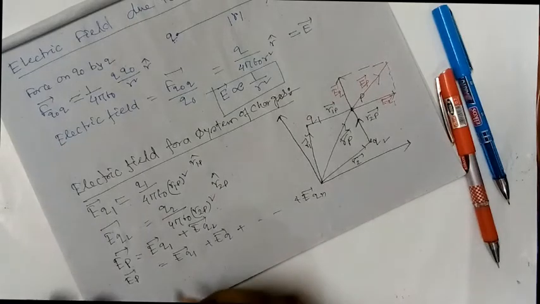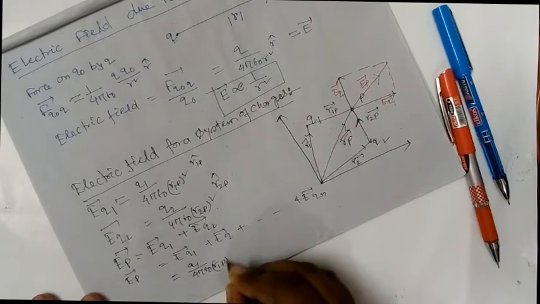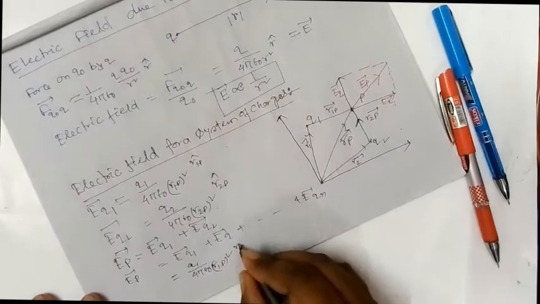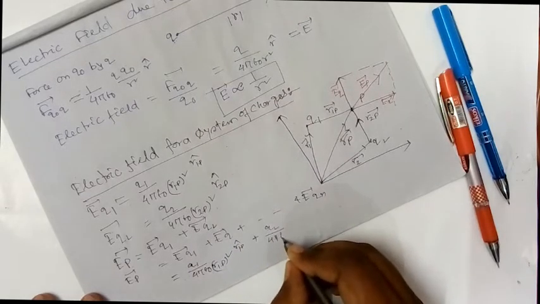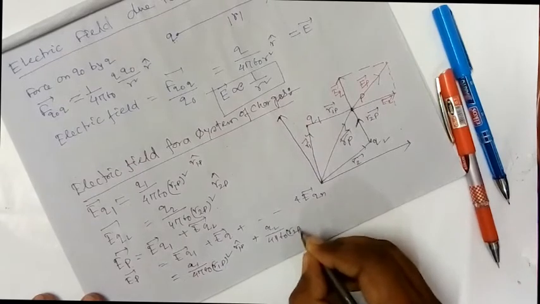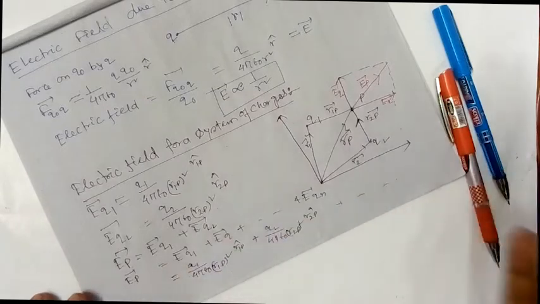Okay, so if I want to write it down here also, it is Q1 by 4 pi epsilon naught R1P whole square R1P cap, plus Q2 by 4 pi epsilon naught R2P whole square R2P cap, and so on, dot dot dot, many more.